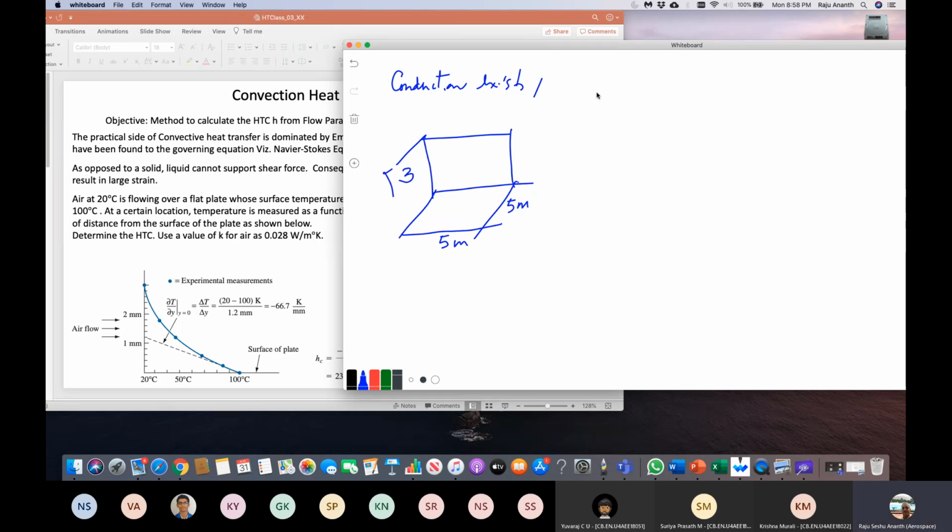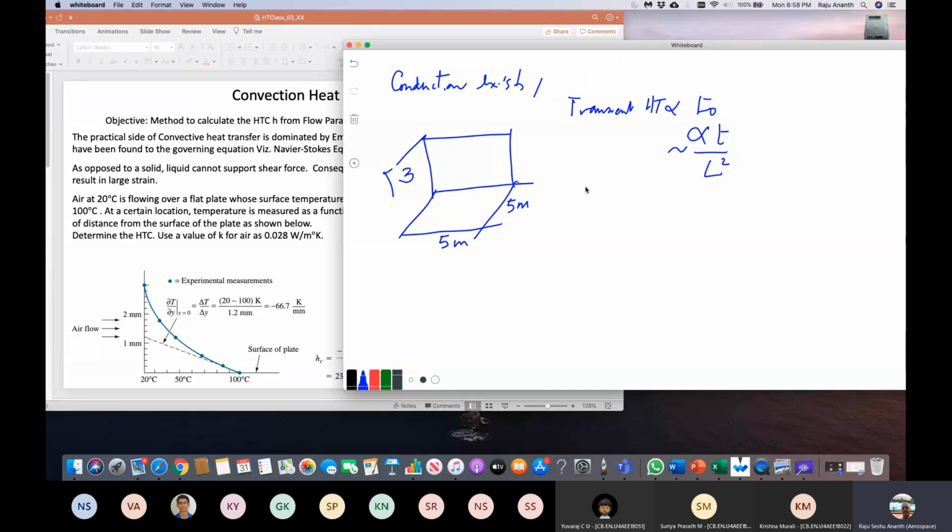If I look at the transient heat transfer, remember there was a Fourier number. So basically what we got was alpha t over L squared.